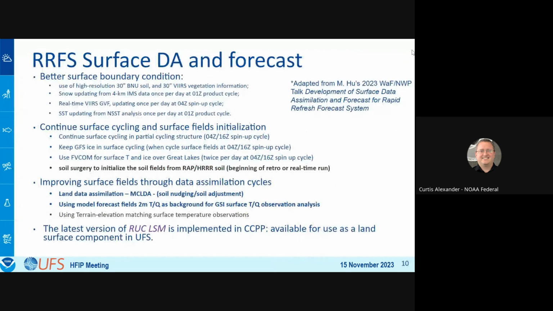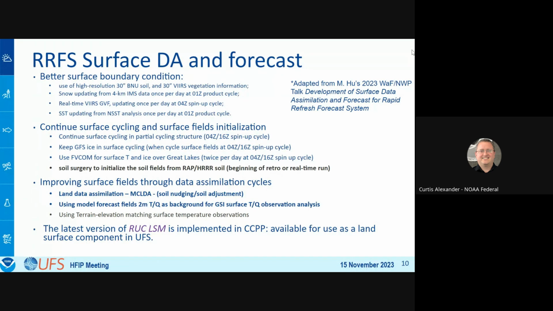Next slide. We are also focused on surface data assimilation and other improvements in terms of surface boundary condition mapping and handling of higher resolution soil state data. We'll be using real-time satellite greenness vegetative fraction to update that part of the land surface state. We're using FVCOM for the Great Lakes treatment of surface temperature and ice coverage.